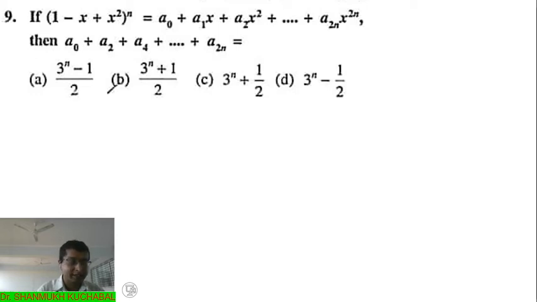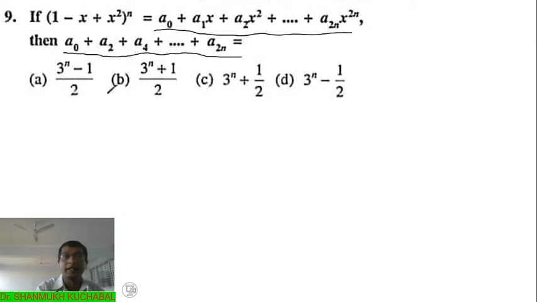(1 minus x plus x squared) raised to n equals a0 plus a1x plus a2x squared plus so on, up to a2n x raised to 2n. Then we have to calculate the value of a0 plus a2 plus a4 plus so on. That means we have to eliminate odd terms from this expression.